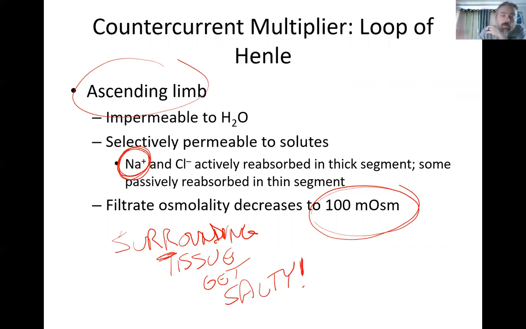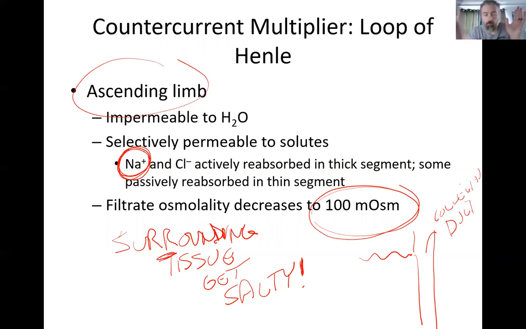And the reason that becomes important is the final step, the very final step in this whole process. Remember, we passed the distal convoluted tubule, but then we head back down through this collecting duct. And I realize that looks terrible, but we need to move on.